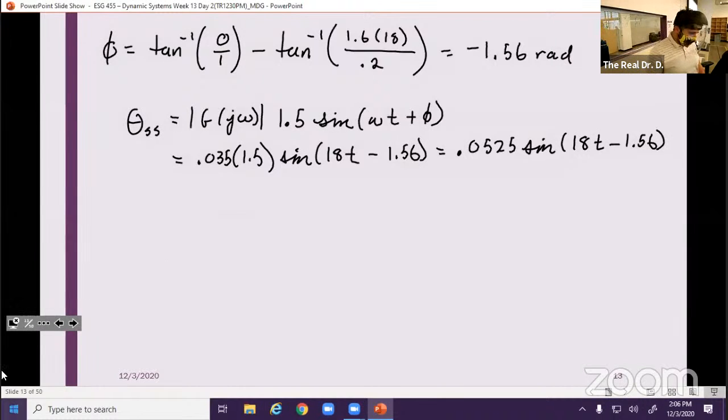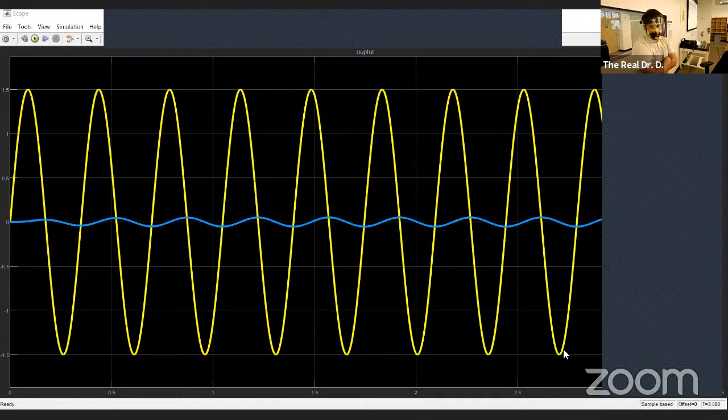If we throw this into Simulink, we get this. Make it in Simulink the way you think you make it: you have the transfer function, you know what the sine wave input is, you throw a sine wave input into it, and then you pop it out to a scope.